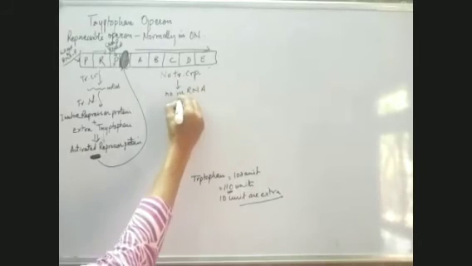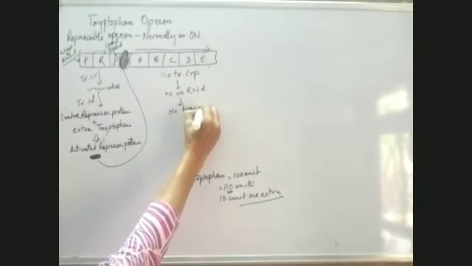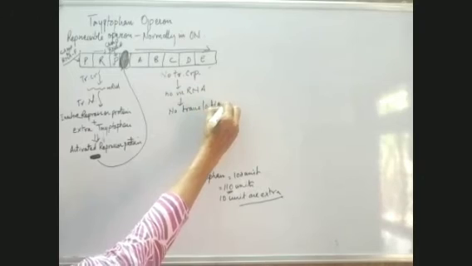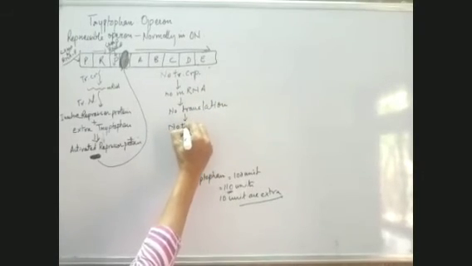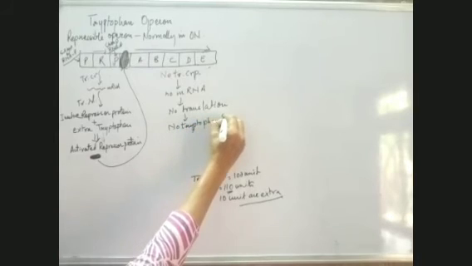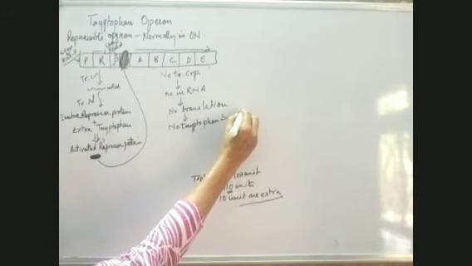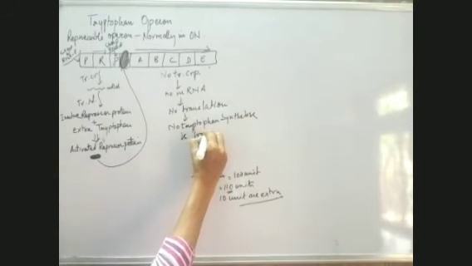And when there is no messenger RNA, there is no translation. When there is no translation, no tryptophan synthetase is formed.